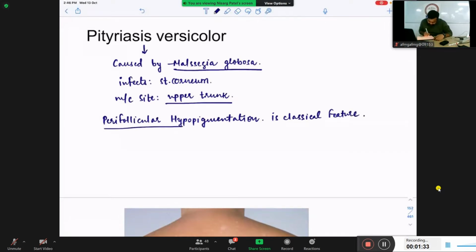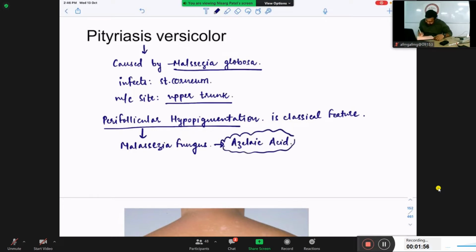The reason for perifollicular hypopigmentation is that Malassezia fungus secretes azelaic acid, and this azelaic acid inhibits the tyrosinase enzyme.